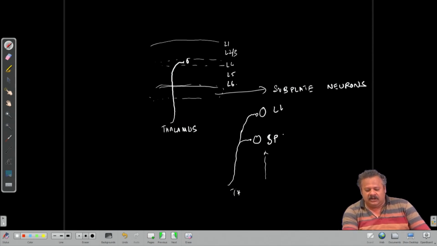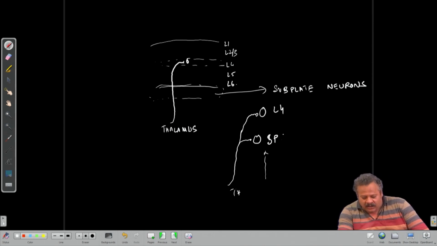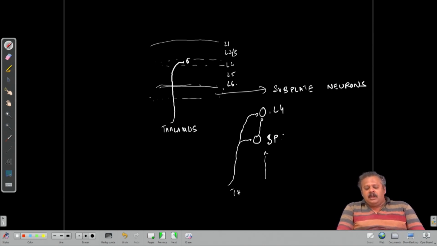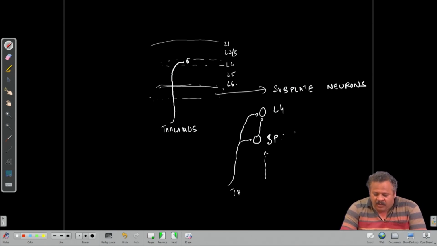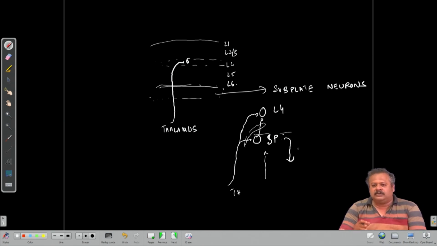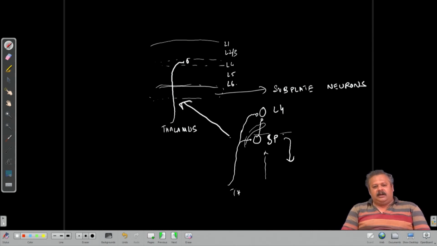So this is a layer 4 input neuron, the subplate neuron, and there are connections between the subplate neuron and the layer 4 neuron. Gradually with development, these die away, and the subplate, as I said, was transient, also goes away, and what we get is the final circuitry in the adult.